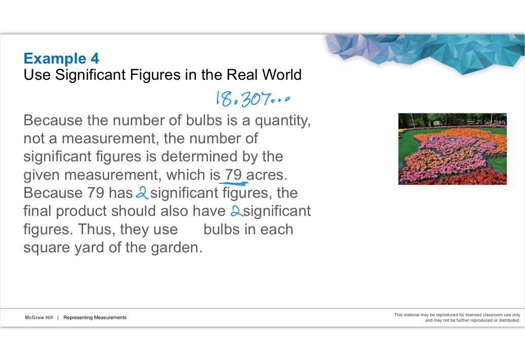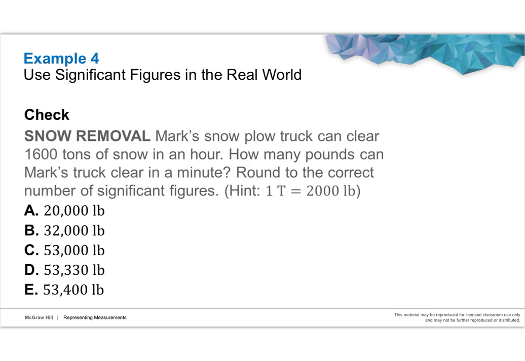Therefore, if we look at the tenths place and discuss what that does to the units digit, that means that they use 18 bulbs in each square yard of the garden. Take a pause in this video and take a look at the check for example 4 on page 140 and see what you can come up with for this calculation here for snow removal.